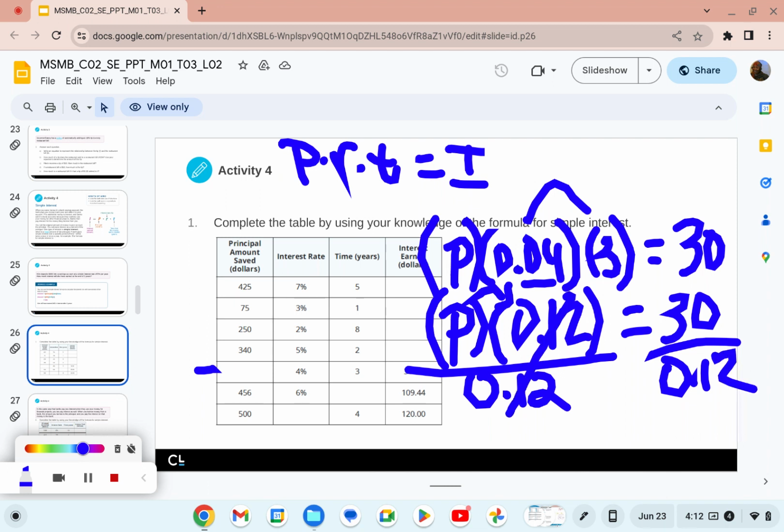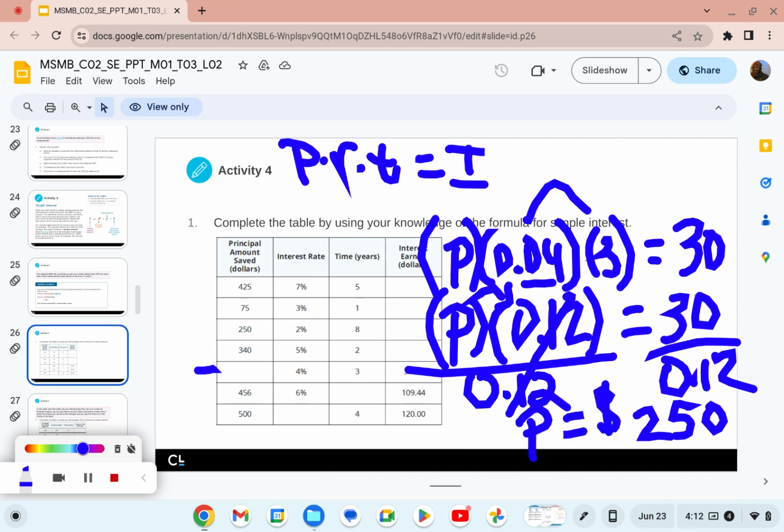Hold on, what did I say? 30 divided by 0.12 leaves me with 250. So my principal amount was $250.